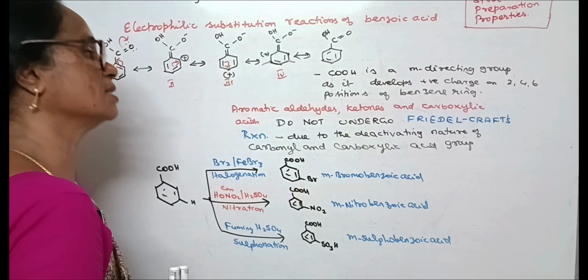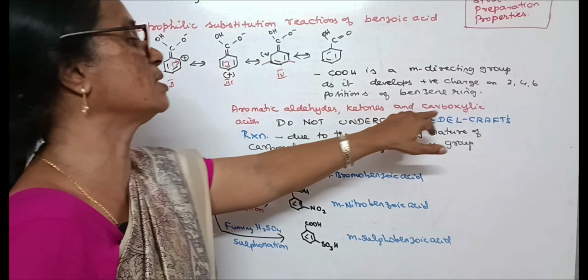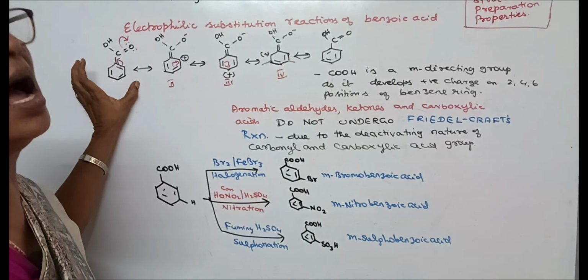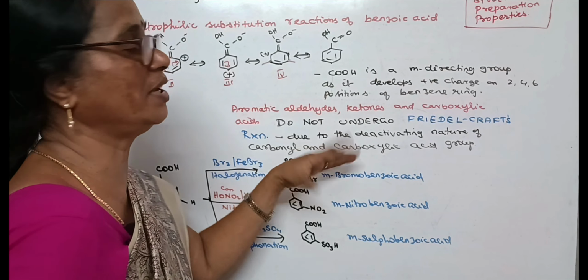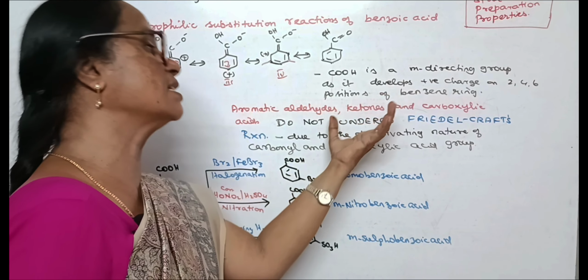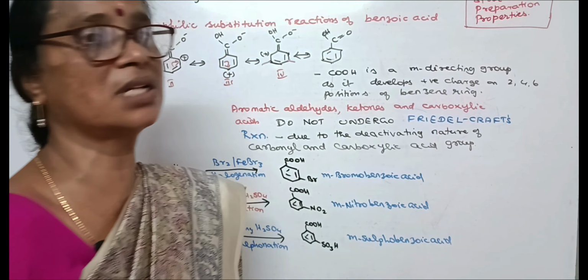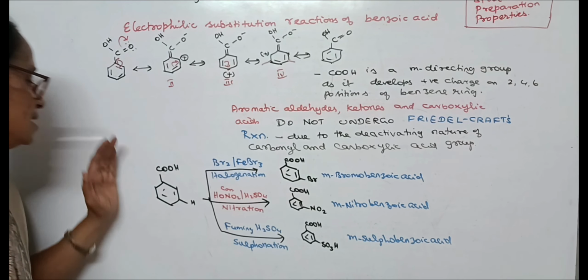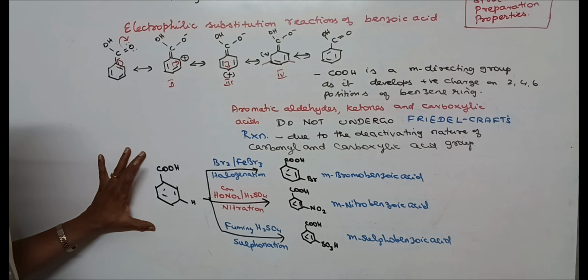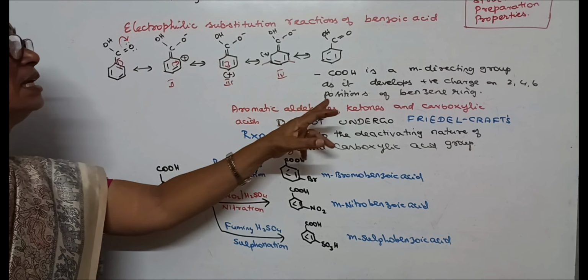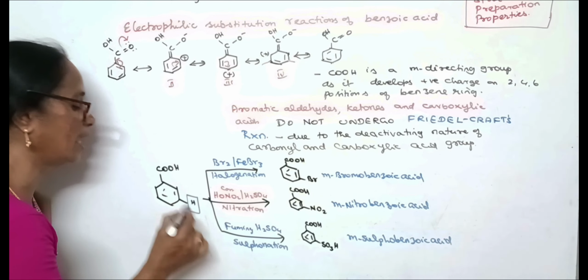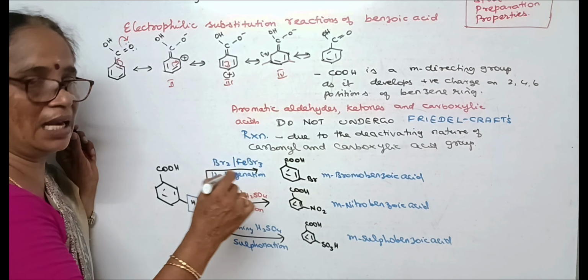This is because all these aldehydes, ketones and carboxylic acids deactivate the benzene ring, and hence the Friedel-Crafts reaction does not take place in benzaldehyde, acetophenone, benzophenone and benzoic acid. Now let us see some of the electrophilic substitution reactions of benzoic acid. And we said carboxylic acid is a meta-directing group, so the meta position hydrogen can only be replaced by the electrophile.